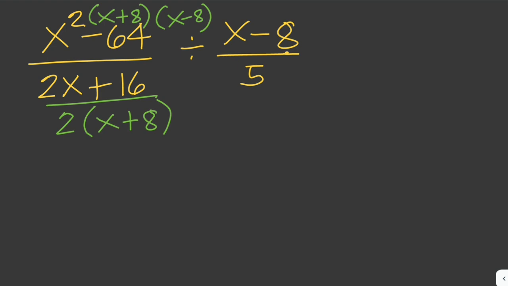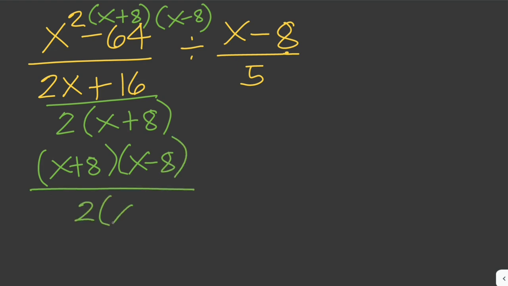Now we can write this expression as x plus 8 times x minus 8 over 2 times x plus 8 divided by x minus 8 over 5. Actually we can cancel out x plus 8 here.